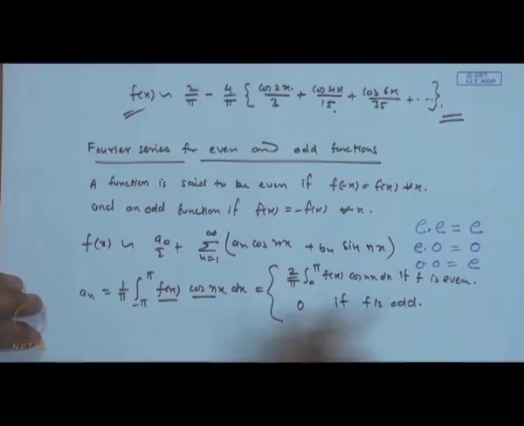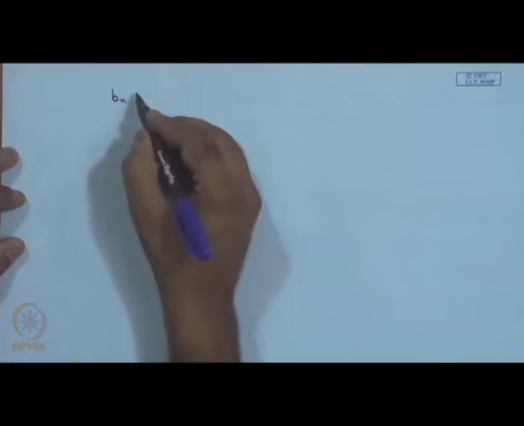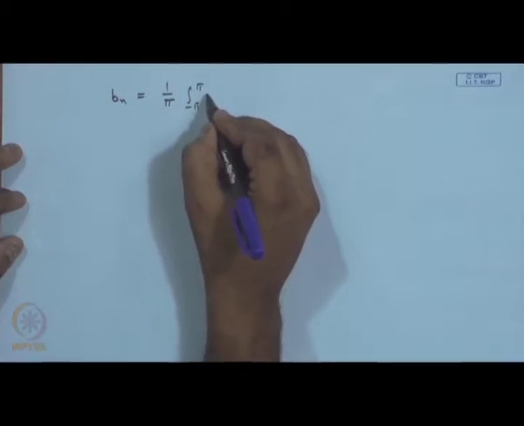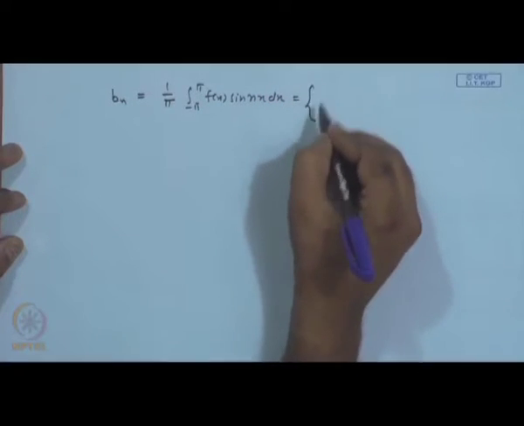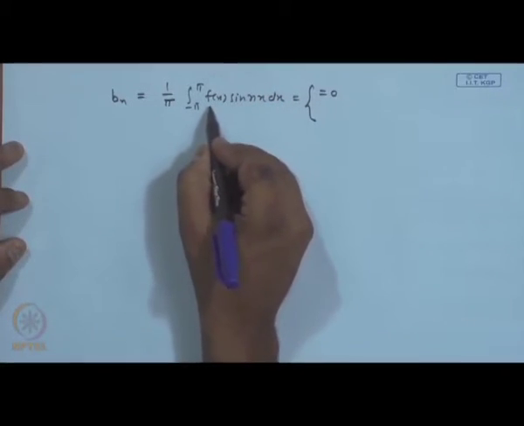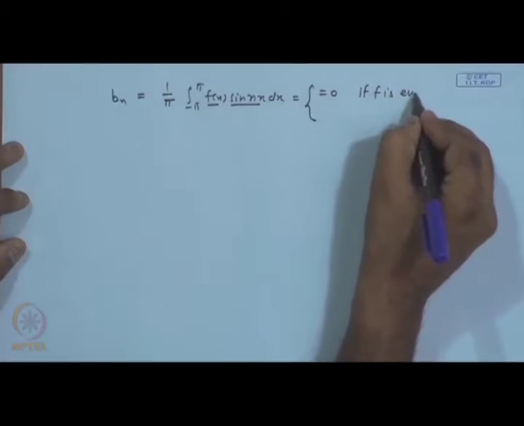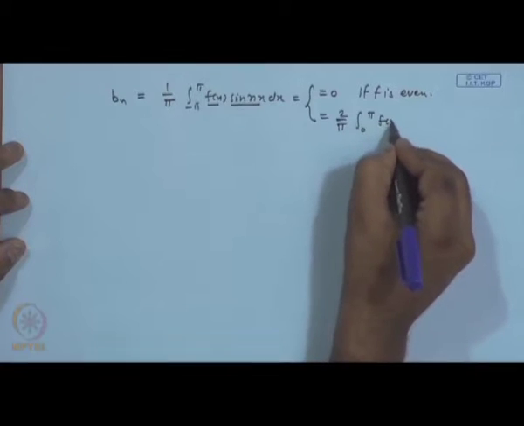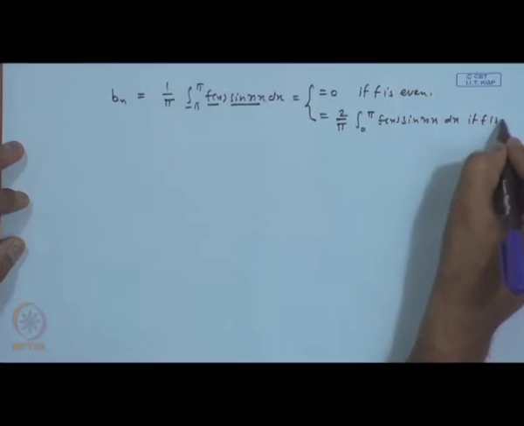Similarly, for the coefficient b n, we have 1 over pi, minus pi to pi, f x sin n x dx. This will be 0 if f is an even function, because even into odd will be odd, and this will give us 2 over pi, 0 to pi, f x sin n x dx if f is odd.